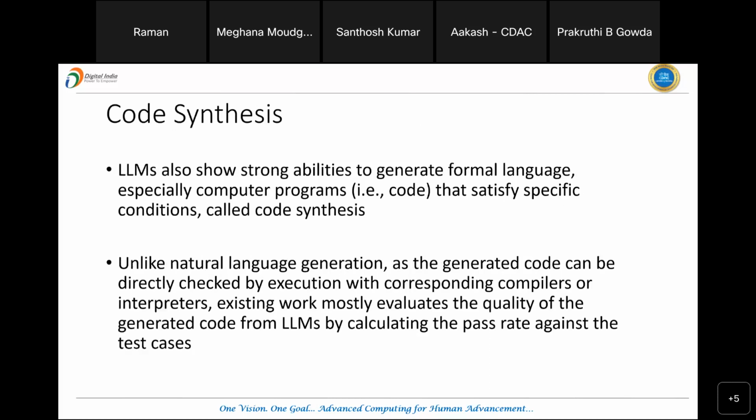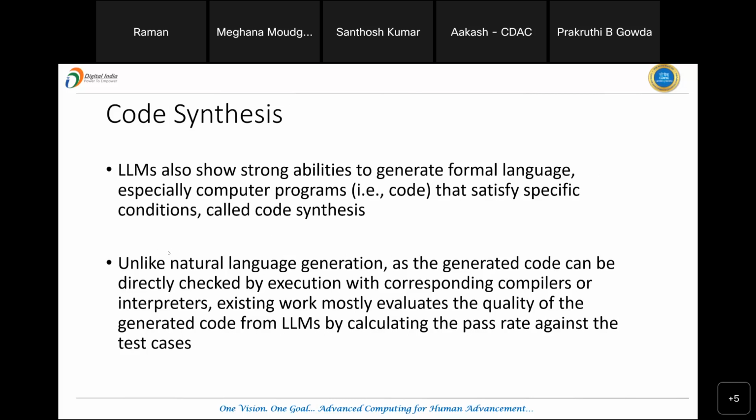And within this language generation, we also have a third category, which is called code synthesis, something that has recently come up due to the ability of language models to generate code. Code is a bit different than language because you need to generate code which can satisfy some specific conditions.